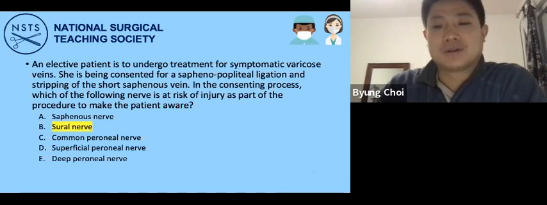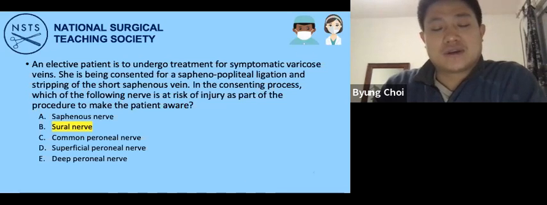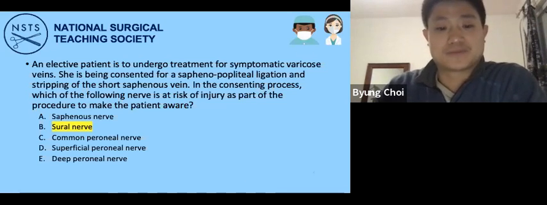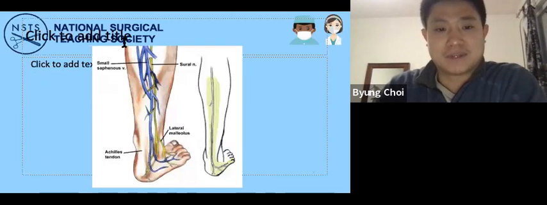Now, I put this in this set of questions just because it's a good one to remember, as it may or may not come up. And knowing the relationship between the short saphenous vein and the sural nerve, that are quite close together, as you can see from this diagram.